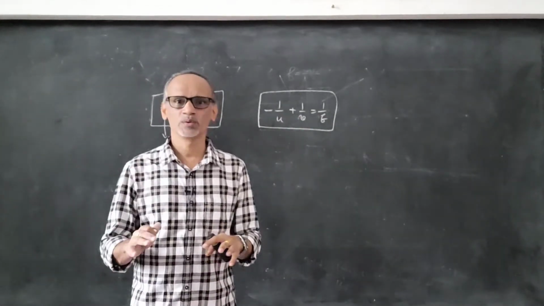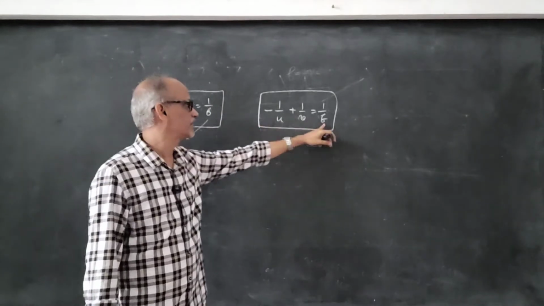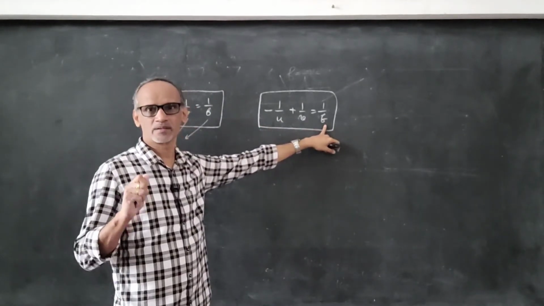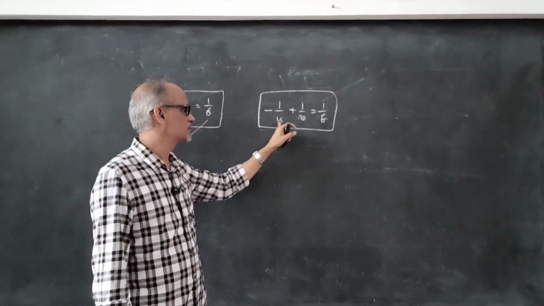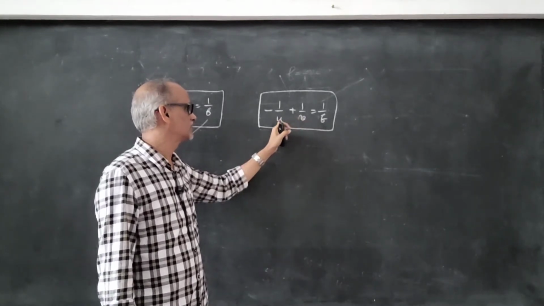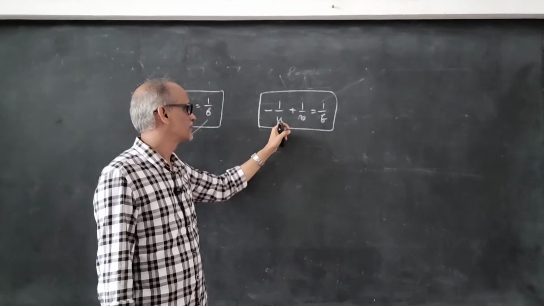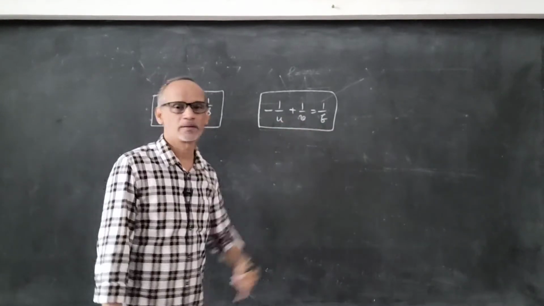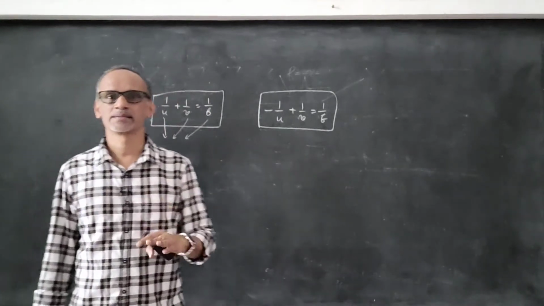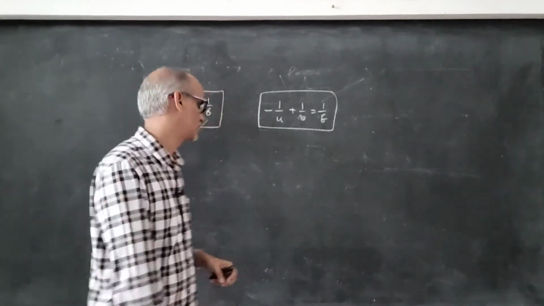So there is no change in the value of f. f is a constant, so f is independent of the object distance and image distance. If u is increased twice, then v decreases correspondingly, so that the value of f remains the same, with no change in the focal length.